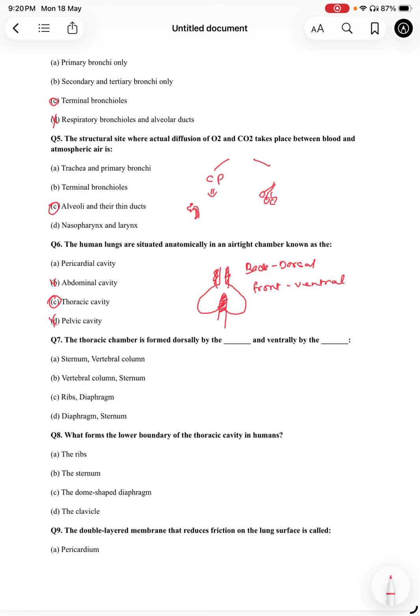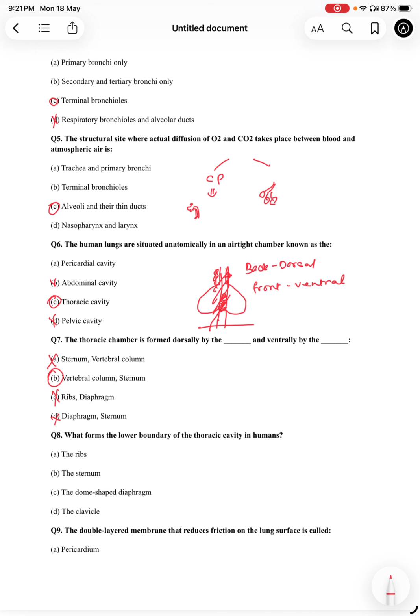What is behind the lungs? Obviously, it is the vertebral column. Checking the options, it is option B. Sternum comes in the front. We can't choose option A, because dorsally it is the vertebral column, and ventrally it is the sternum.